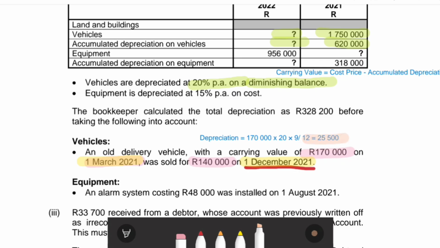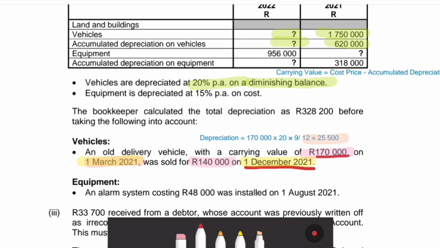The total depreciation for the 9 months that we've used this vehicle before we sold it is 25,500. All right. Now that we've worked out the depreciation for the year, we need to go back and update the carrying value of this asset because we said that the carrying value is the book value of the asset. So if the loss of value of this vehicle this year was 25,500, then it wouldn't be true to say that the value of this asset is 170,000.